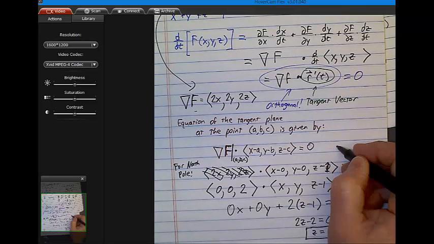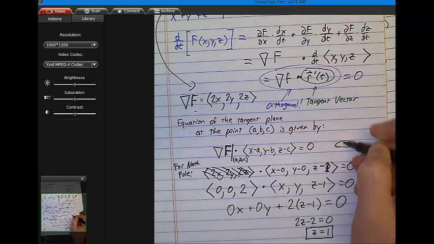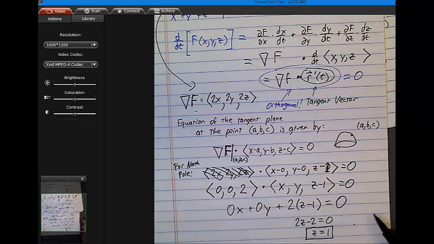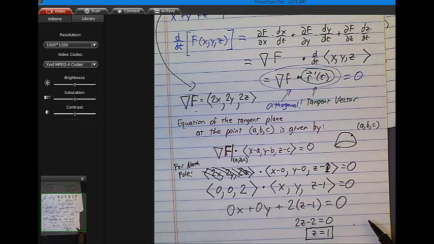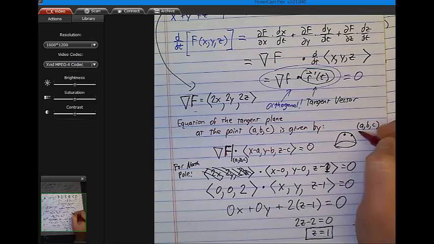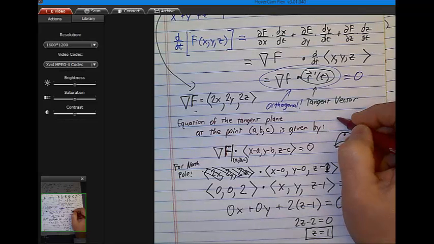Let's see if I can do it for the sphere. I mean, we went through, or just any, but if I have some point here, A, B, C, and I say, okay, let me move somewhere else on the surface. So here's the point.